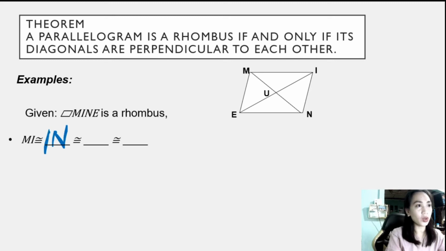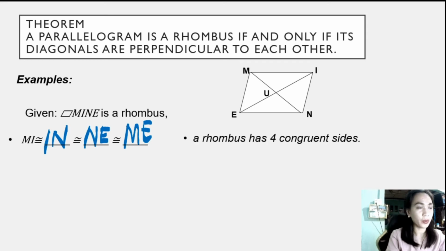It is also congruent to NE. It is also congruent to ME. Okay. Now, what is the reason? Because a rhombus has 4 congruent sides. Okay? So, lahat ng sides ni rhombus is congruent to each other.